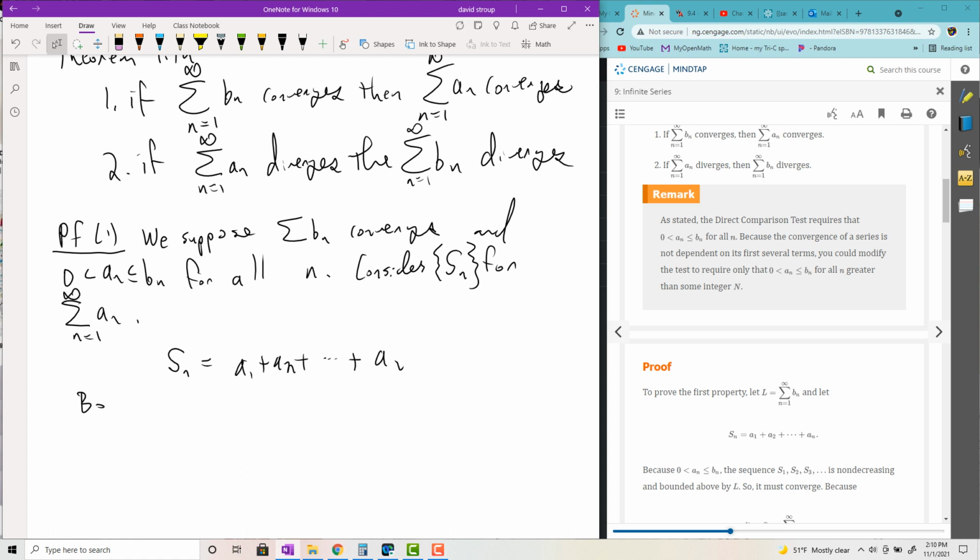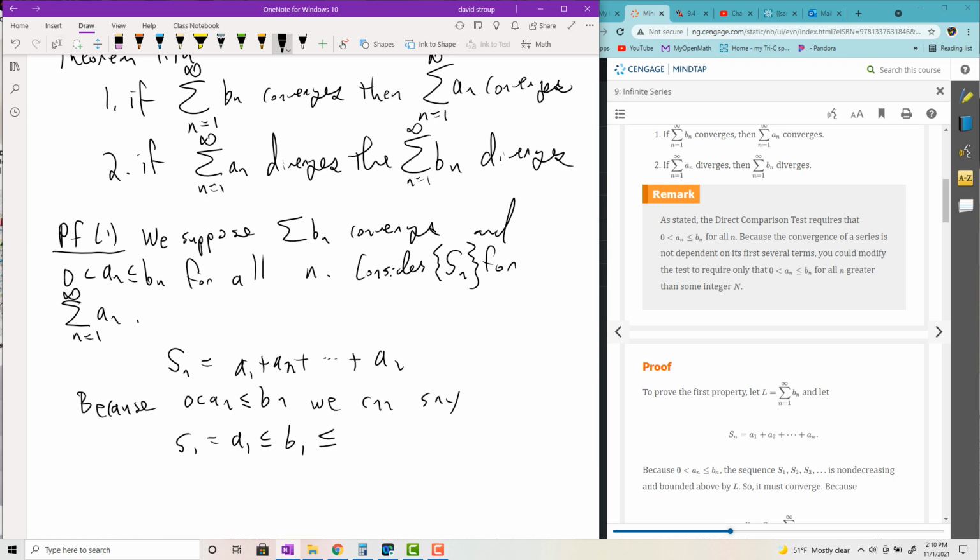Then because of our inequality, we can say the following. S sub 1, which is equal to a sub 1, will be less than or equal to b sub 1, which in turn is less than or equal to the infinite sum of the b sub n's.